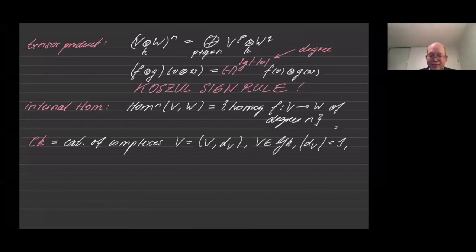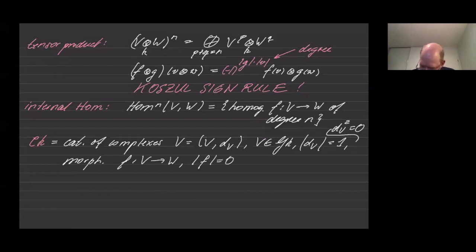And here the morphisms are only those of degree 0, which commute with the differential. So f, the morphisms from V to W of graded spaces of degree 0 and which commute with the differential. Or in other words, the commutator vanishes.